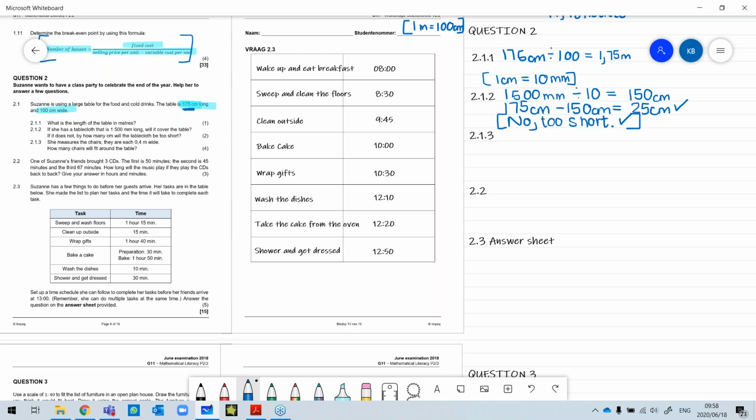Question 2.1.3. She measures the chairs. They are each 0,4 meters wide. How many chairs will fit around the table?